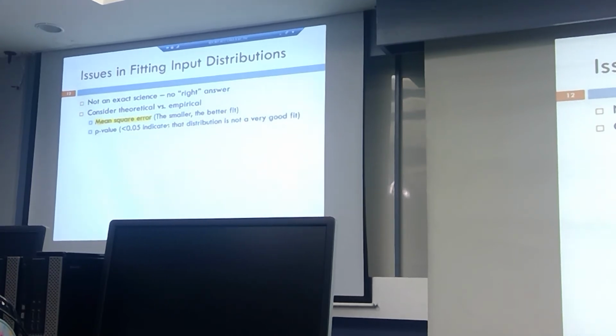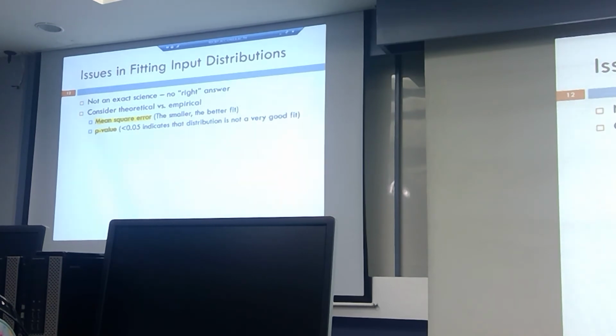And another thing that we'll take a look at is the p-value. In statistics, you probably remember we talk about p-value a lot. For us, just remember that if the p-value is less than 0.05, it means that it's not good, it doesn't fit. The p-value has to be at least 0.05 or more.